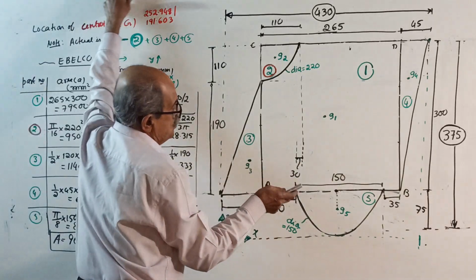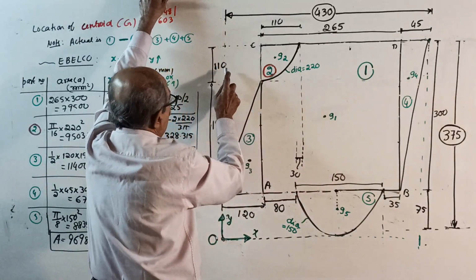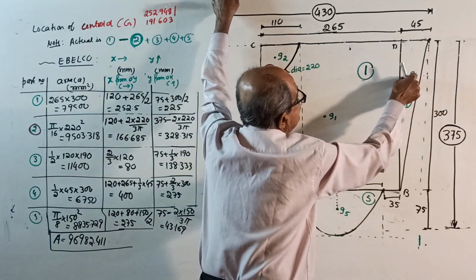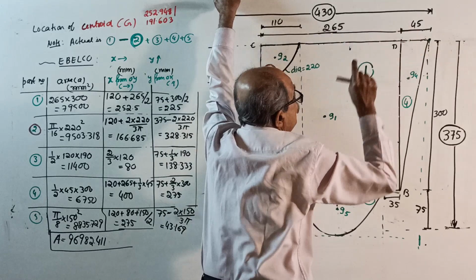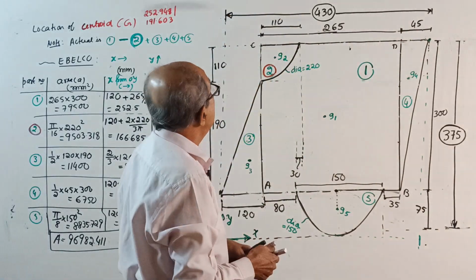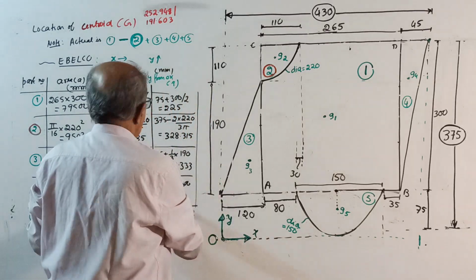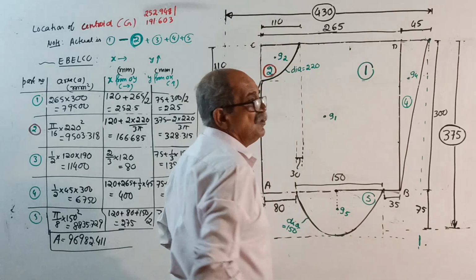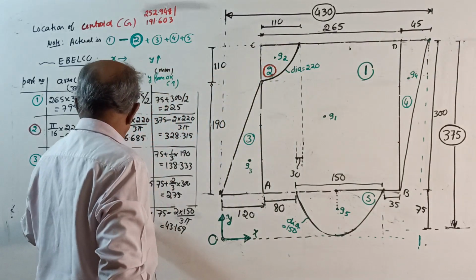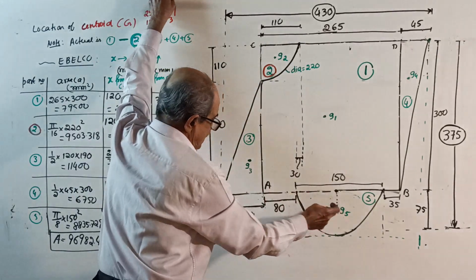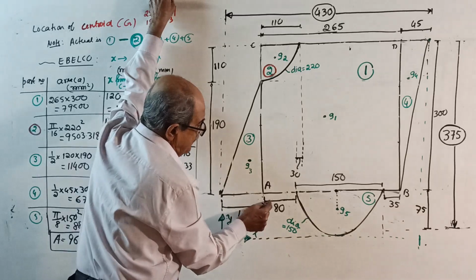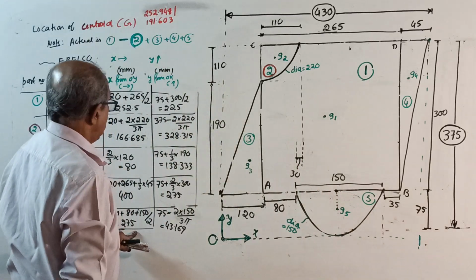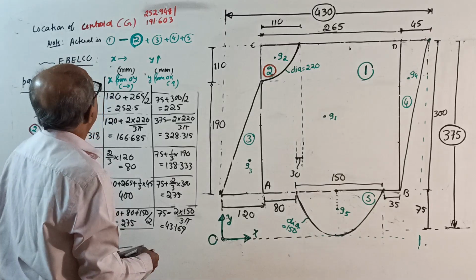Over X4, 120 plus 265 plus this distance, which is 1 by 3 of 45. Or you can write one more thing for X4: 430 minus 2/3 of 45. That also will do. Write it in the bracket right here. X5, centroid here, 120 plus 80 plus half of 150. You get X5.